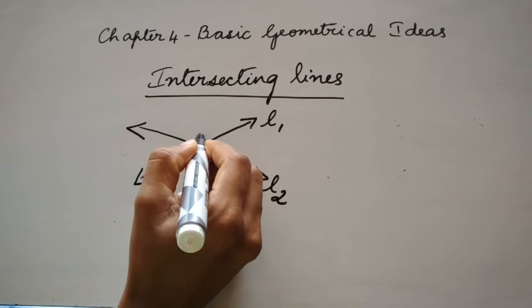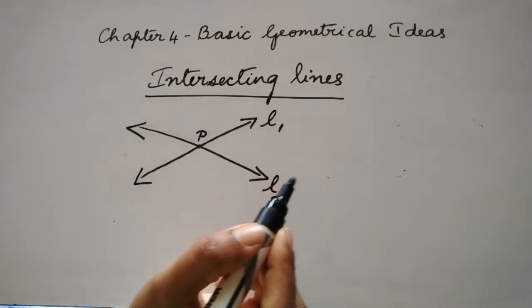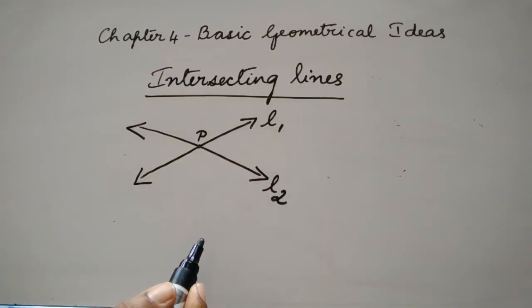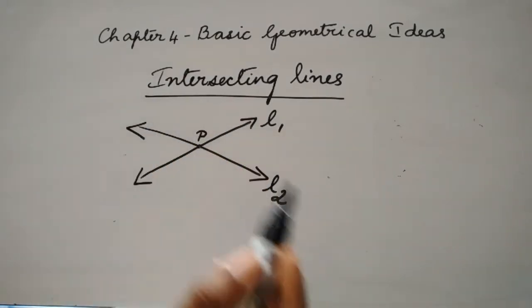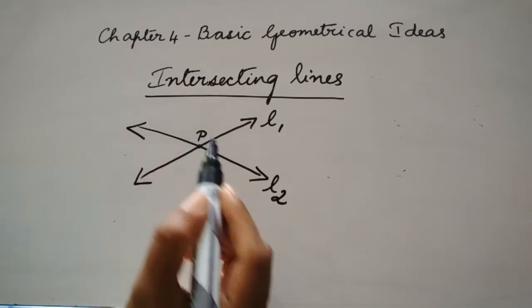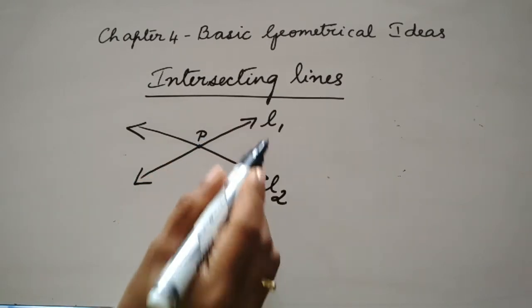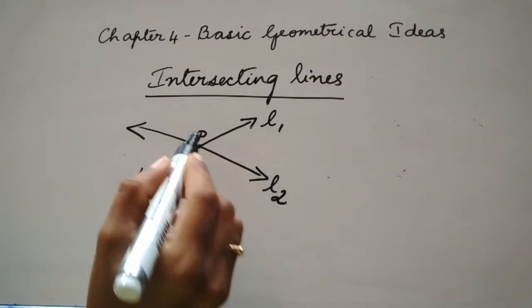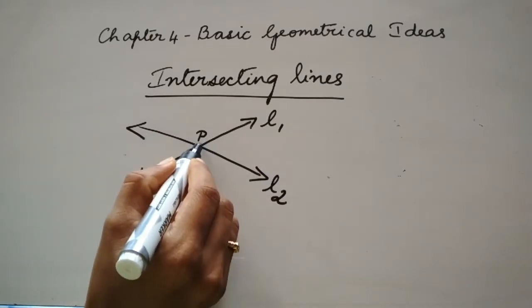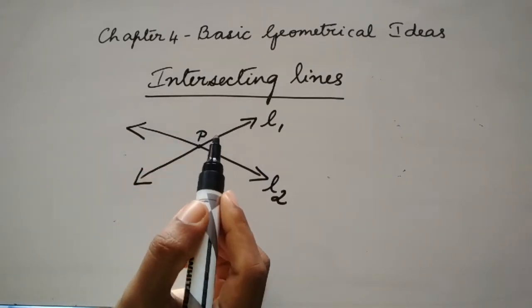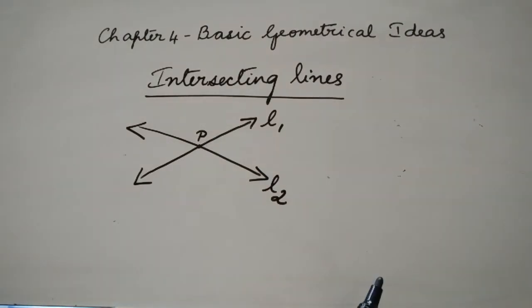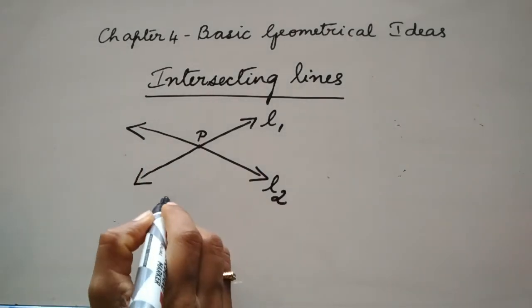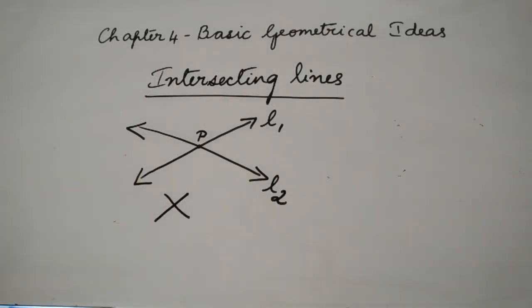So, this common point is P. Two lines L1 and L2 pass through point P. So, we say L1 and L2 intersect at P. Some models for a pair of intersecting lines are the letter X of the English alphabet.